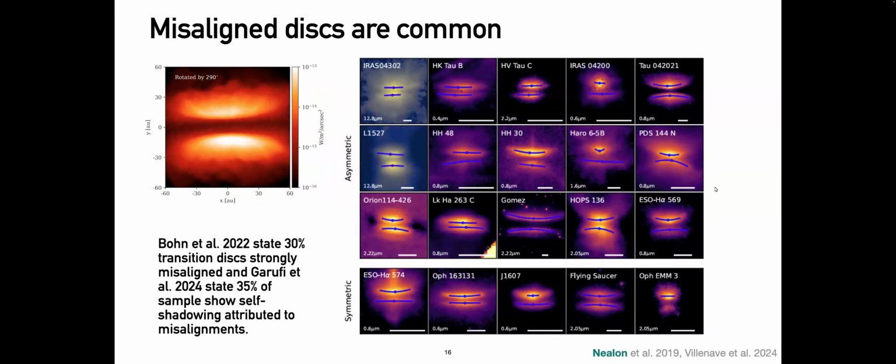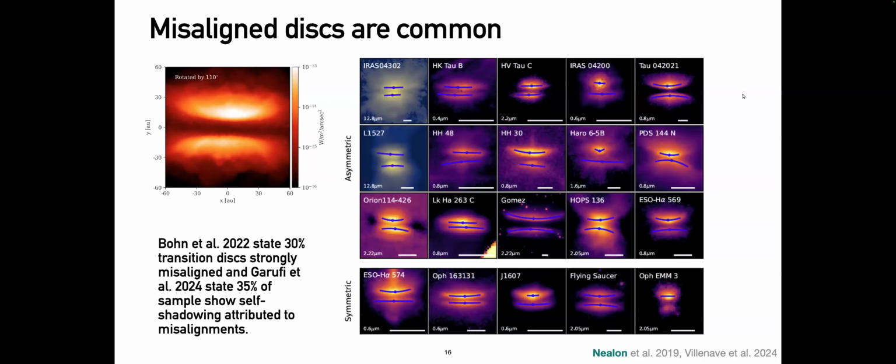Now, in 2024, Villenave and collaborators had a look at 20 edge-on protoplanetary disks. And through their observations, they found that out of these 20 disks, three quarters of them showed evidence of either a top-down or side-to-side asymmetry, which is very much like what we see from our synthetic observations of a small warp in a protoplanetary disk.